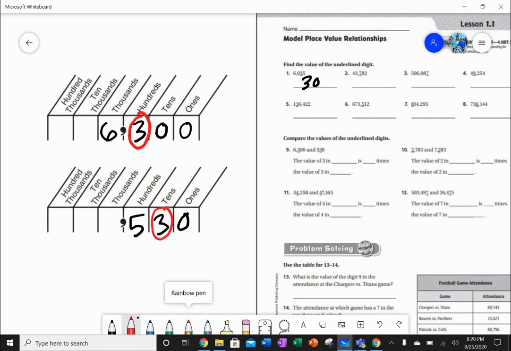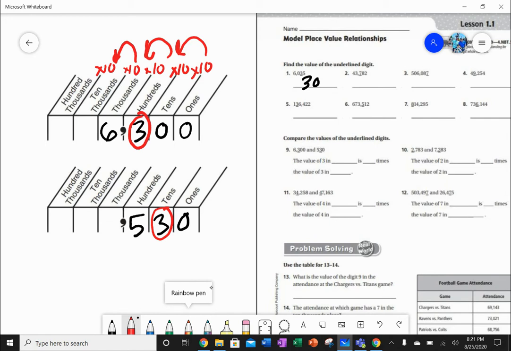Now, it says the value of 3 in blank is blank times the value of 3 in blank. So something about this is that as you move to the left, it's 10 times bigger. Think of it as every time you go to the left, you're multiplying by 10. So as you go to the left, you're multiplying by 10.